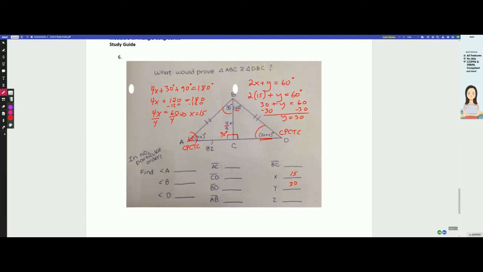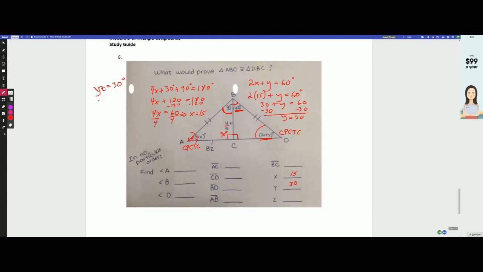And now we can actually solve for z. We have y, z together right here, and they should be congruent to this 30 degrees right here because of CPCTC. So let's go ahead and do that. We have y, z, and they should be equaling 30 degrees because of the whole CPCTC.